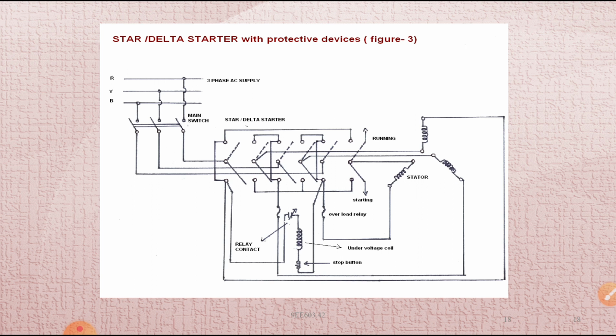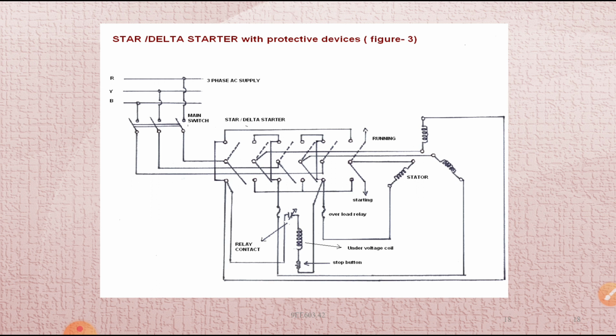So, this is the automatic star delta starter. Here you can see the connections inside, the relay connected coil, everything is provided. Whatever we have already seen, the overload release coil and under voltage release coil, everything is provided here. A timer is also provided. If I push the green button, the coil is excited and the motor winding is connected in star.